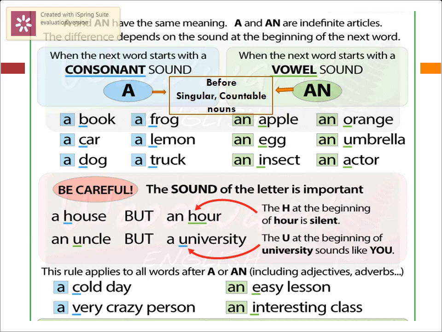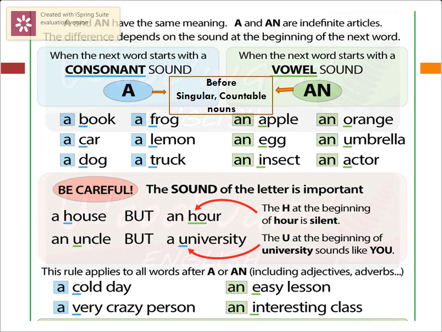When the next word starts with a consonant sound, either the noun or an adjective, we use the article a. A book, a frog, a car, a lemon, a dog, a truck. In each of these, the next word starts with a consonant sound b, f, k, and so on.